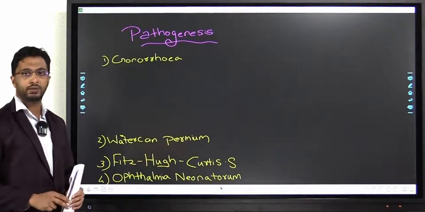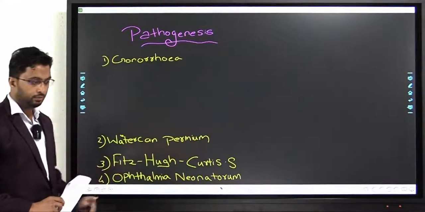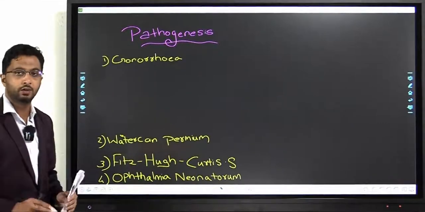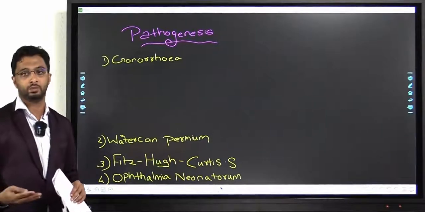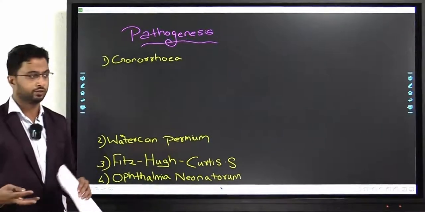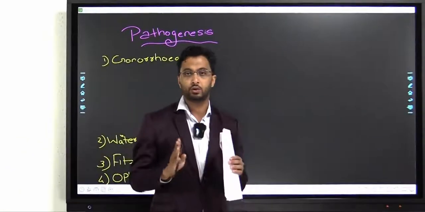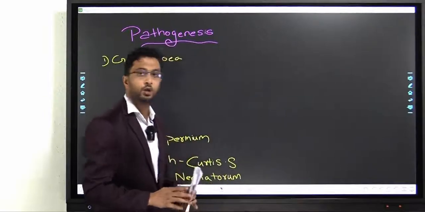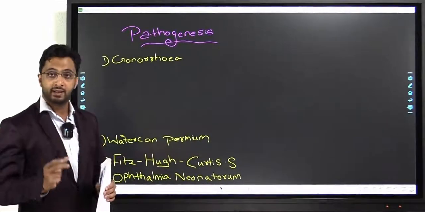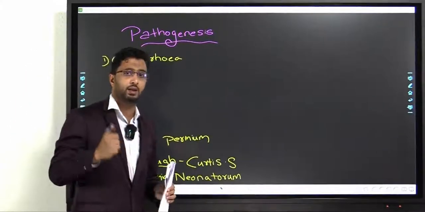Why is ophthalmia neonatorum important? All these are venereal diseases, meaning they are sexually transmitted. Neisseria gonorrhoeae is a sexually transmitted disease. Write it down: Neisseriae are strict human parasites, whether it's meningitis or gonorrhea. Gonorrhea causes venereal infection, sexually transmitted infection, and it is at a very high rise. I will tell you why.